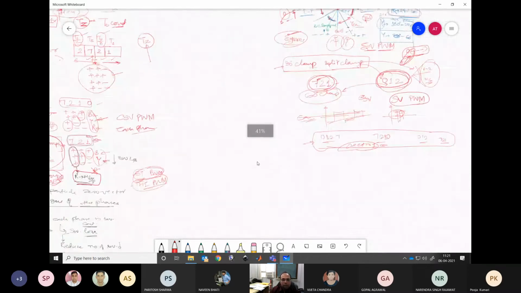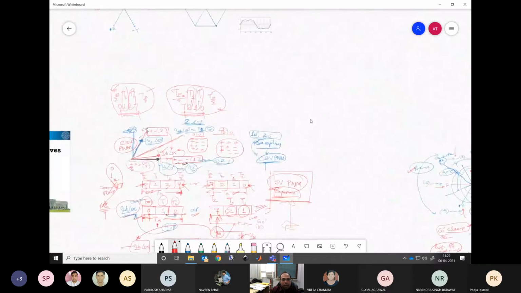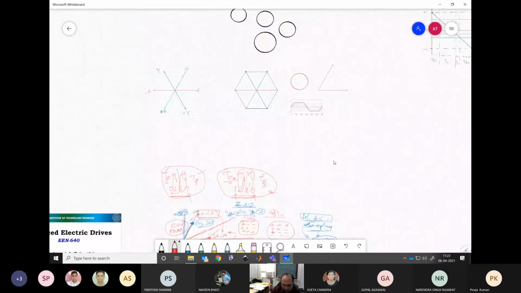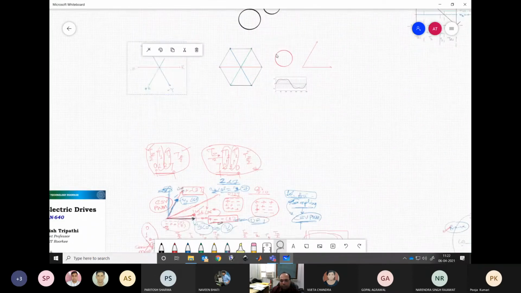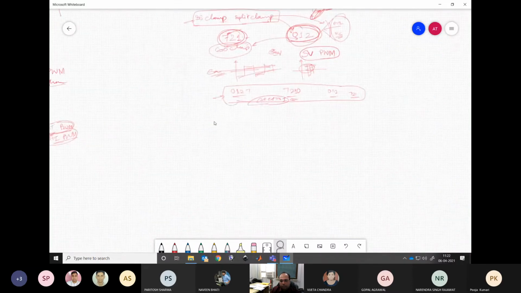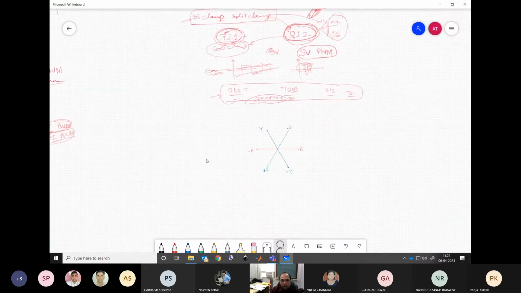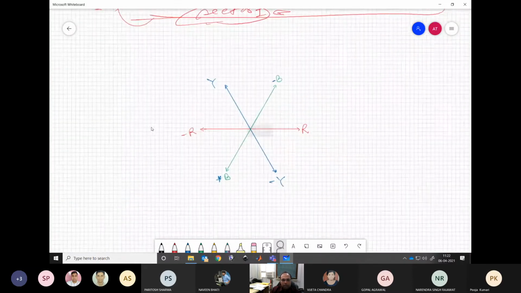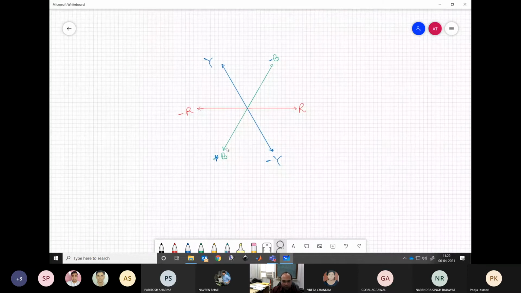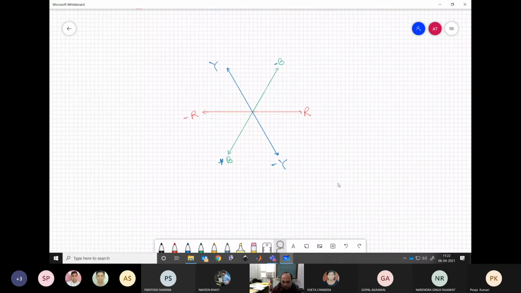Now, some more things, let us try to understand about these vectors. So these are the building blocks which we need to understand before synthesizing any PWM.